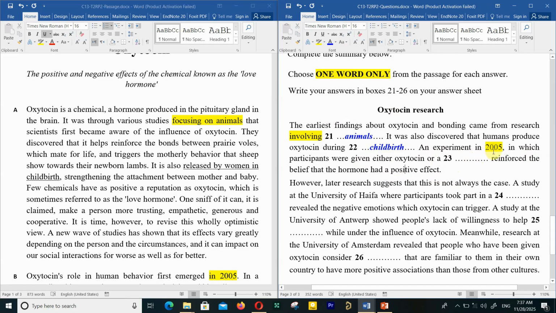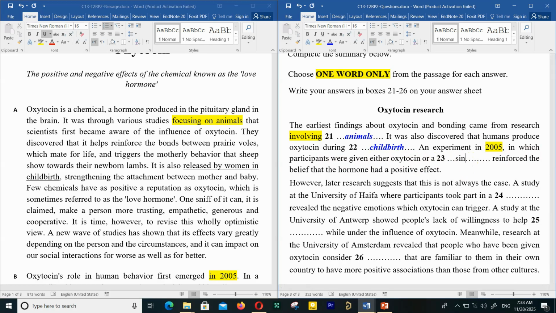An experiment in 2005. So now I had to go to that time in which participants were given either oxytocin or a what? A means we need a singular noun here.